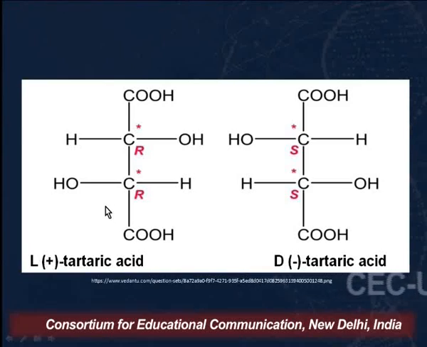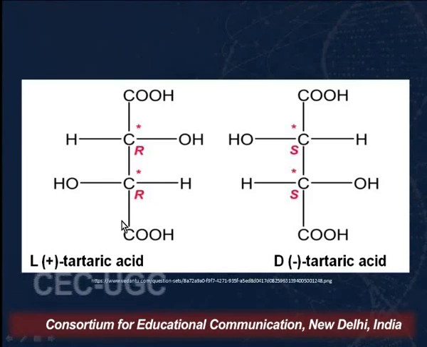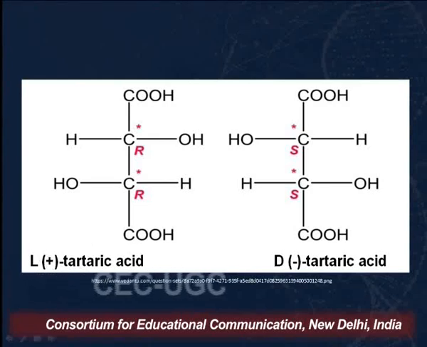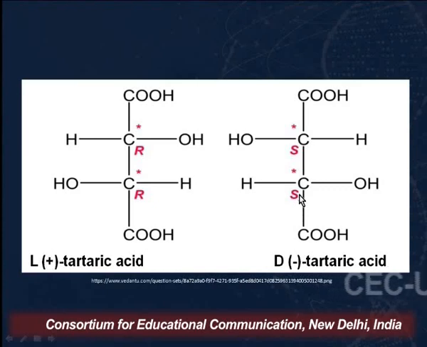Since it is on the left hand side, it has been assigned configuration capital L. In the other structure, the OH is on the right hand side at the highest numbered asymmetric carbon, so this was given relative configuration capital D.